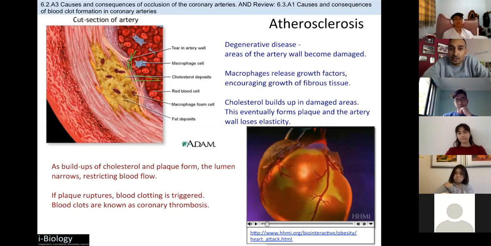When there's damage to a blood vessel, it's supposed to do blood clotting, so you stop bleeding. But normally, the damage happens over here. So if there's a cut to your body from the outside, then yeah, you want a blood clot forming there so that blood doesn't come out of your body.